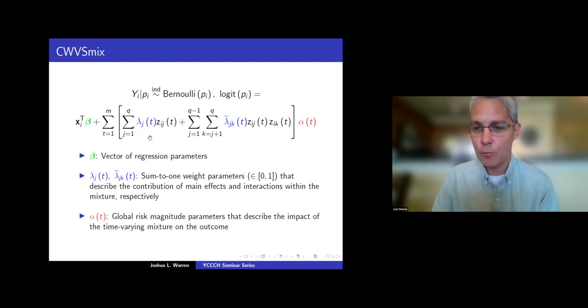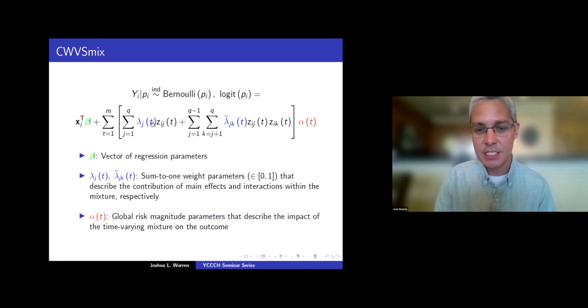Where a lot of our work came in are on these blue parameters, which are the weights that I've been talking about. So these weights, these blue parameters, actually sum to 1 at each exposure week. So at each exposure week t, we basically have a vector of lambdas that are weights between 0 and 1, could be actually equal to 0 exactly, and they sum to 1 at each exposure week separately.